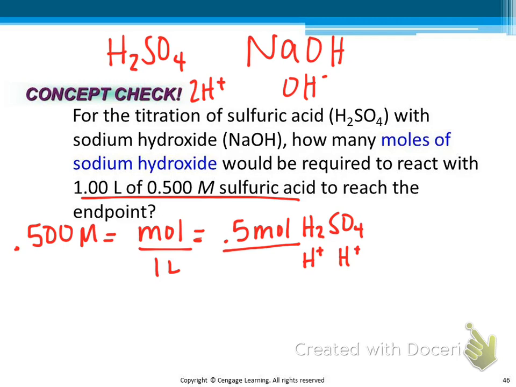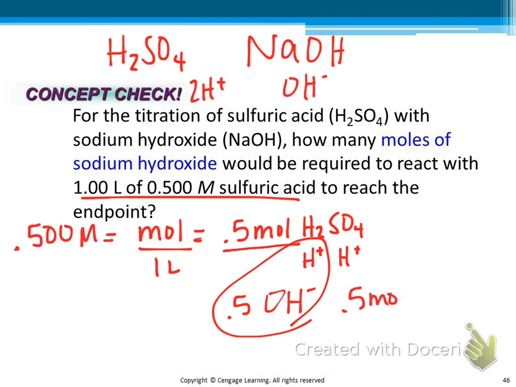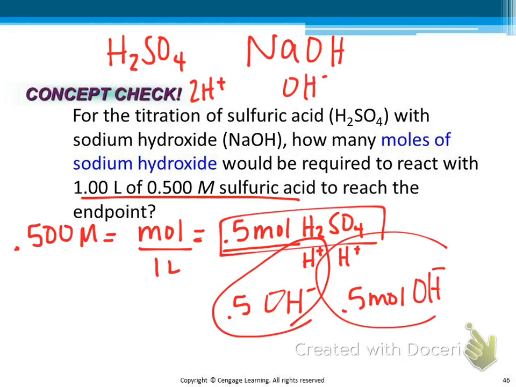So if I put in 0.5 moles of OH, I'm covering one of my hydrogen ions, but I've got 2 of them. So I need another 0.5 moles of OH to cover the other, since each of those produces 2 hydrogen ions, which means I need twice as much hydroxide.